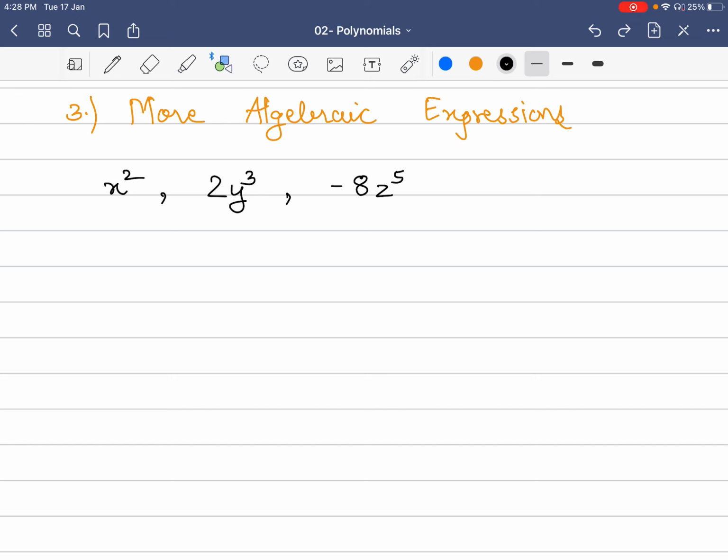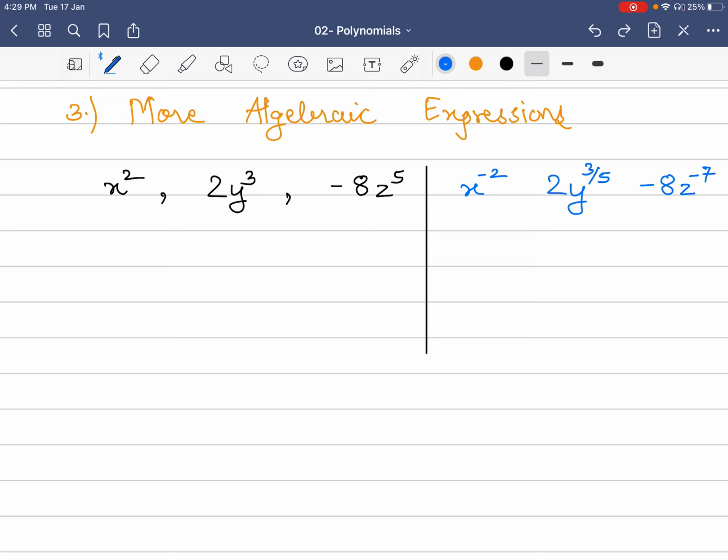Now I'm going to draw a line here, and I'm going to write another set of algebraic expressions. Consider this x raised to minus 2, or 2 into y raised to 3 by 5, or let's say minus 8z raised to minus 7.